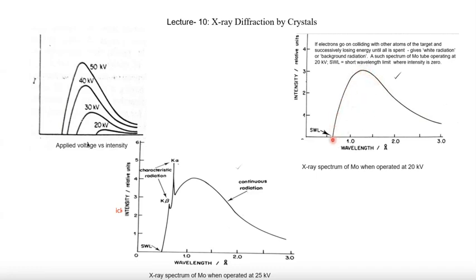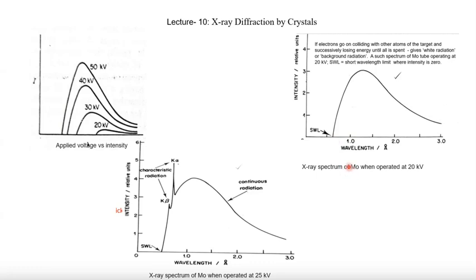And when this graph tells us this point, where the intensity is 0, the wavelength there we call the short wavelength limit, SWL. So in all spectra, we get a short wavelength limit.